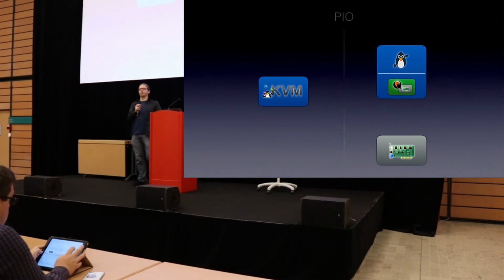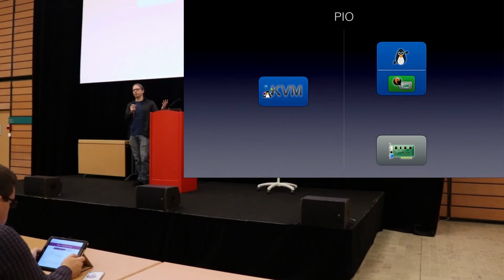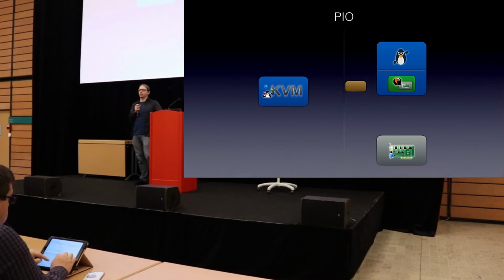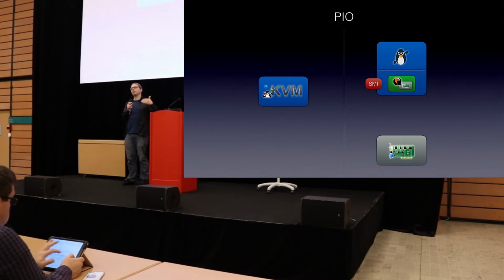So let's look at a PIO request. Port I/O request, a typical x86 thing. You have an outl that the Linux kernel would trigger. That outl spawns a VM exit, so you're running in KVM context now, and inside of KVM, instead of handling that port I/O request, we can just inject an SMI into the guest, which gets us into a completely different context inside the guest, into SMM context.